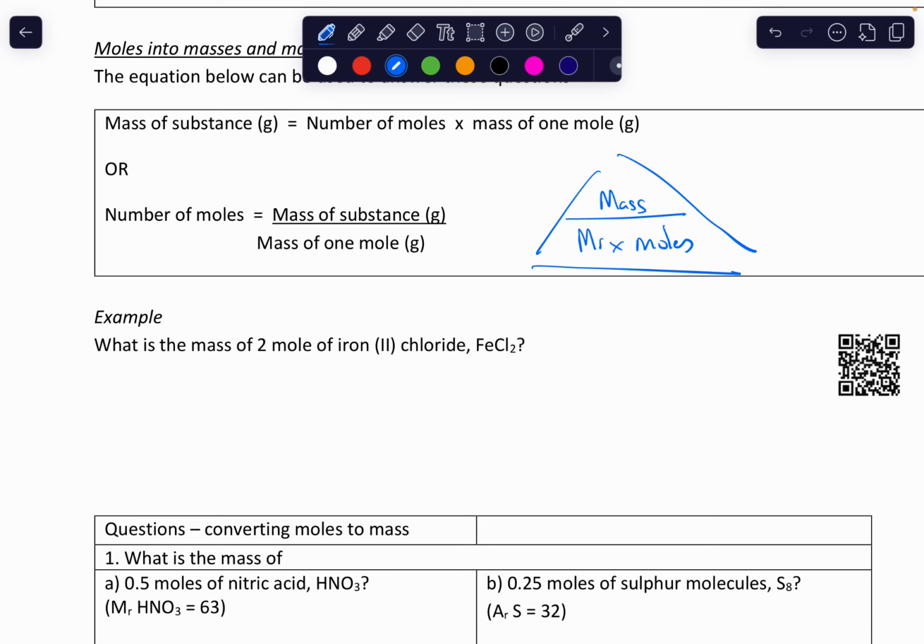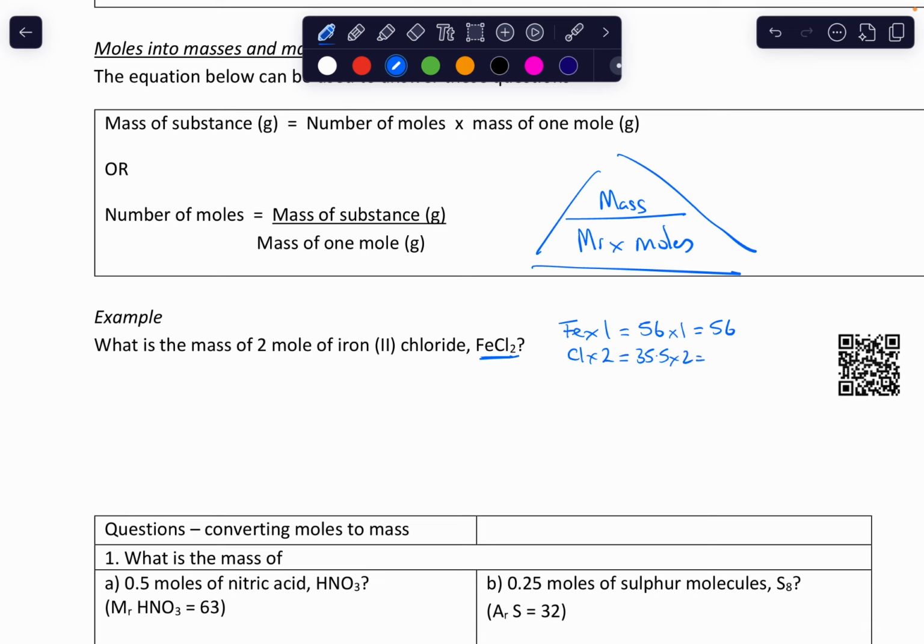So this first one here says, what is the mass of 2 moles of iron 2 chloride? So what we'd have to do here is go and find on the periodic table the mass of iron and the mass of chlorine. In this formula, there is 1 atom of iron and there are 2 lots of chlorine. On the periodic table, you will find that iron's mass is 56, and therefore 56 times 1 is still 56, and chlorine's mass is 35.5.